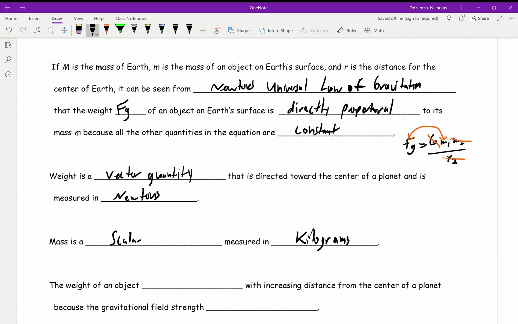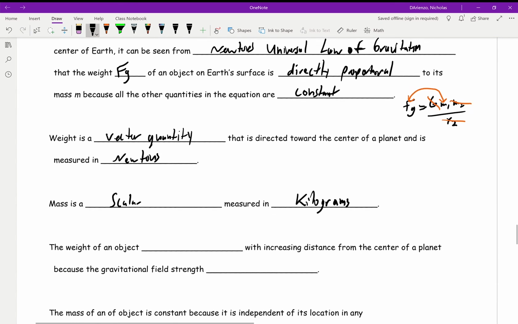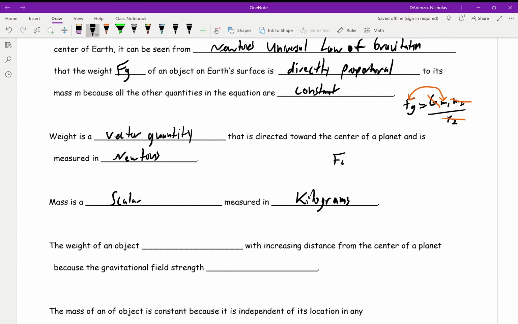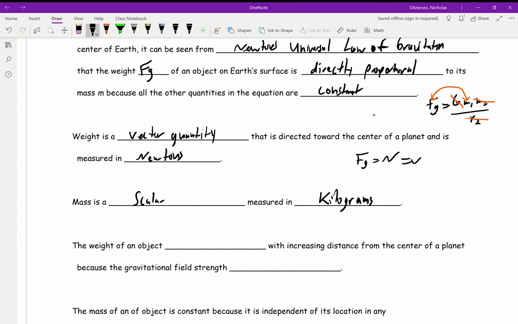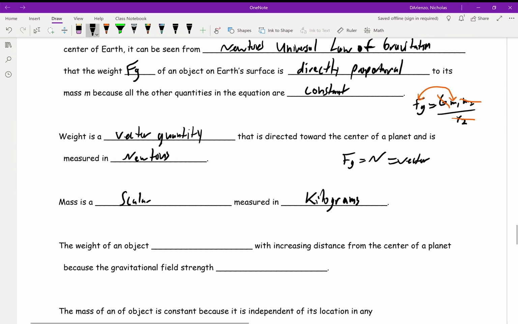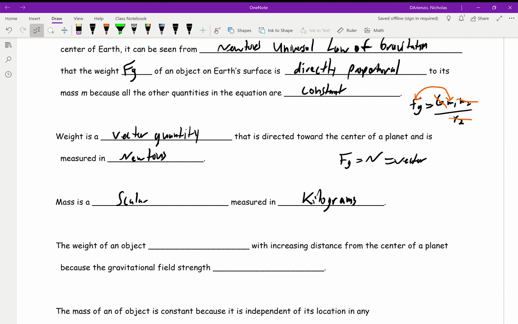So seeing that weight will be measured in newtons, that is going to be a force value, so that is going to be a vector quantity. So I want to make sure we include direction when dealing with weight.